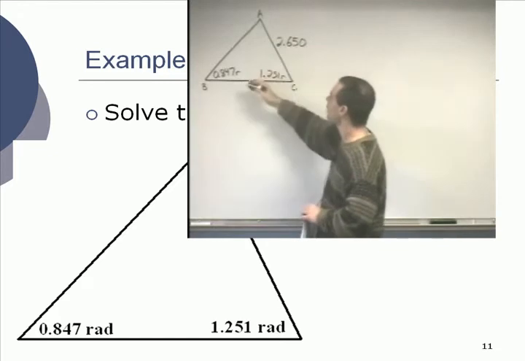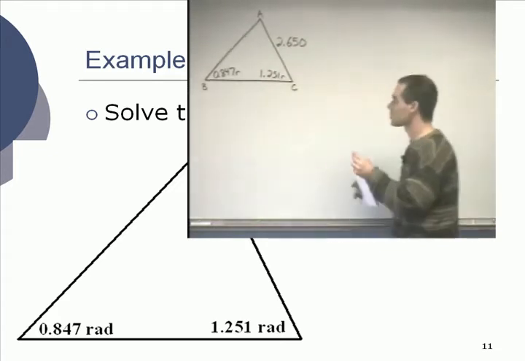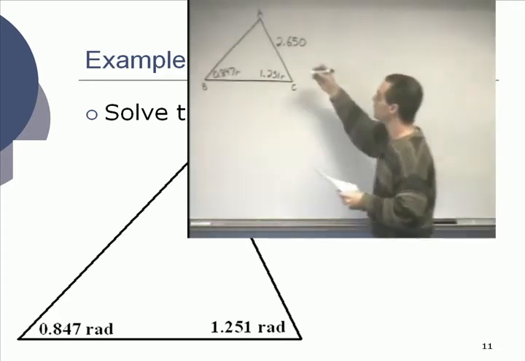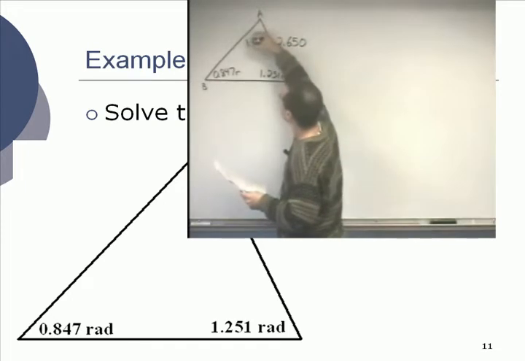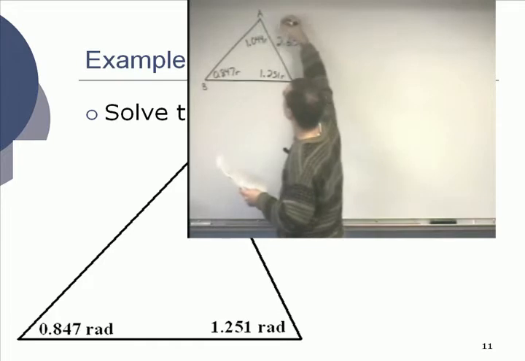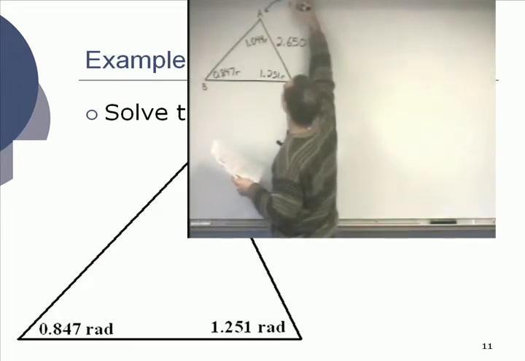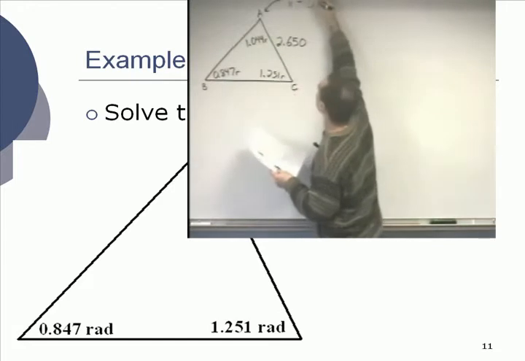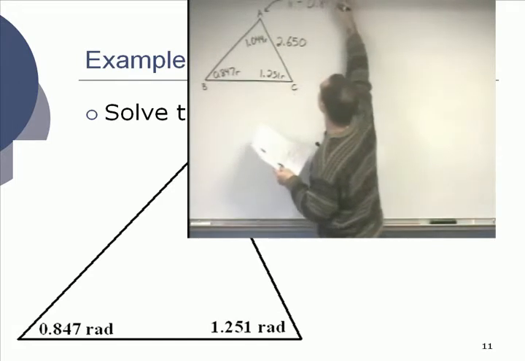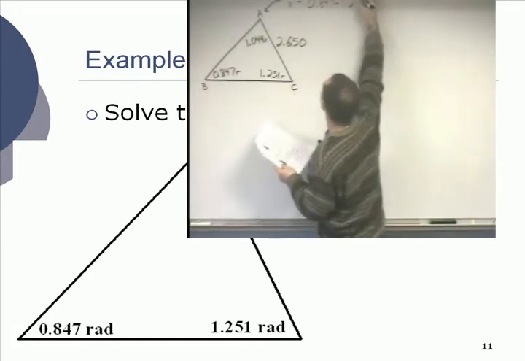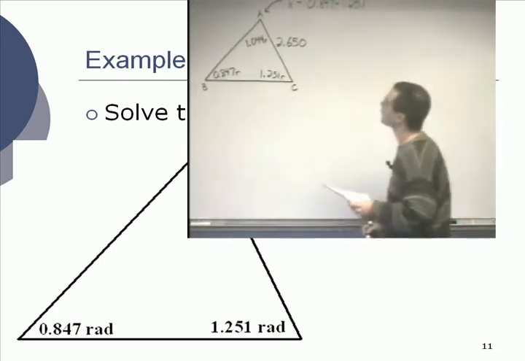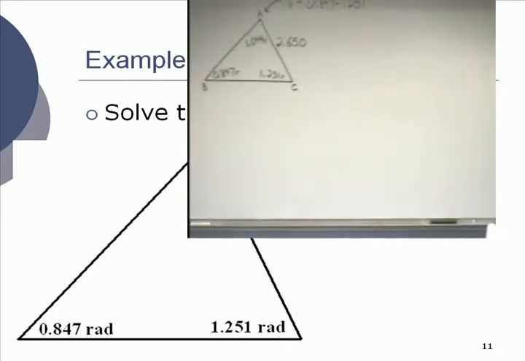So if you take 3.14 minus 0.847 minus 1.251, you'll get, that's right, 1.044 radians. Okay, well now we can use law of sines.